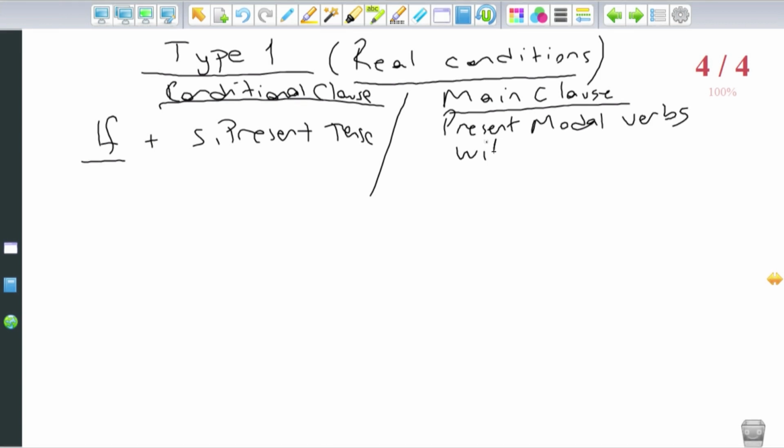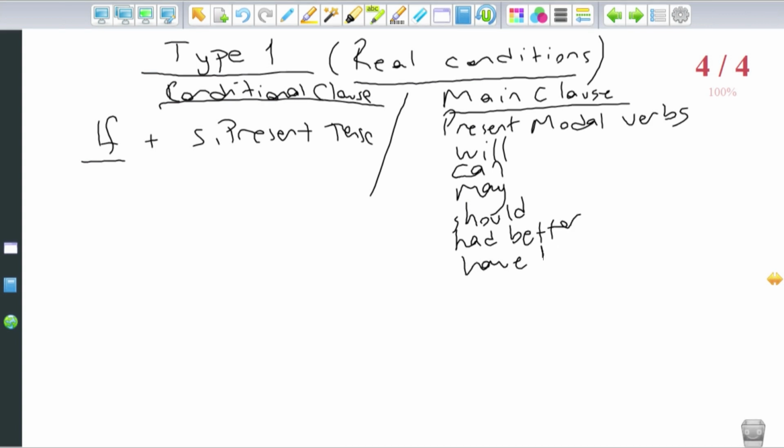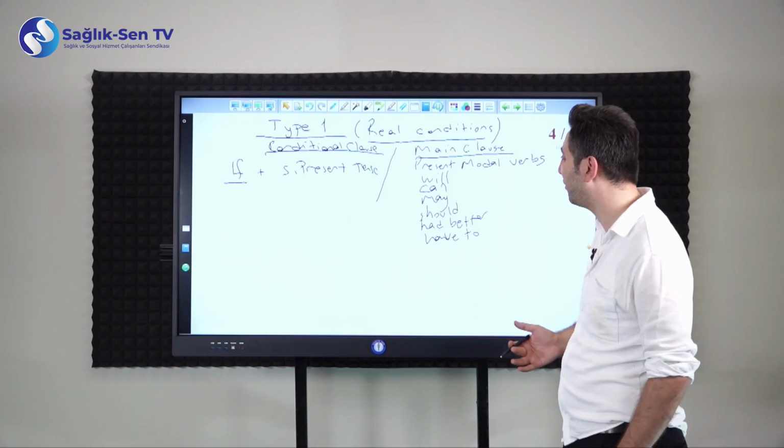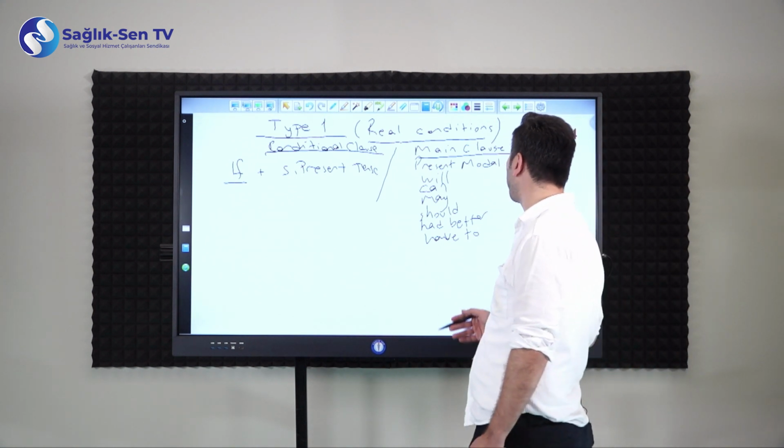What are they? Will, can, may, should, had better, or have to. We can count a lot of modal verbs, but they are enough for now.